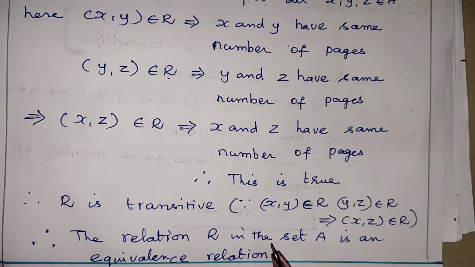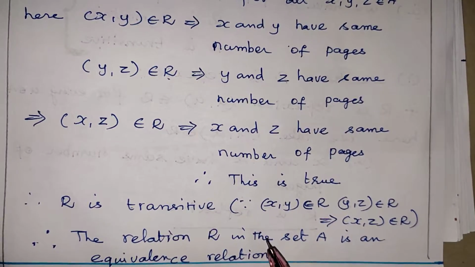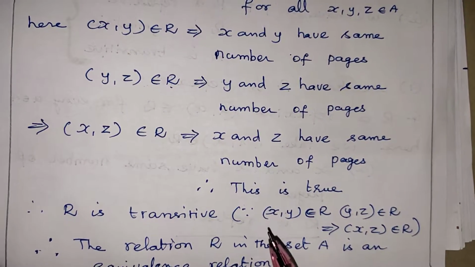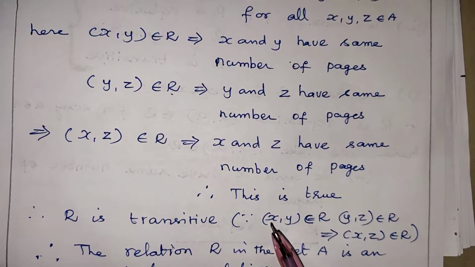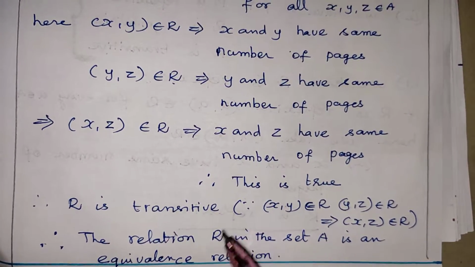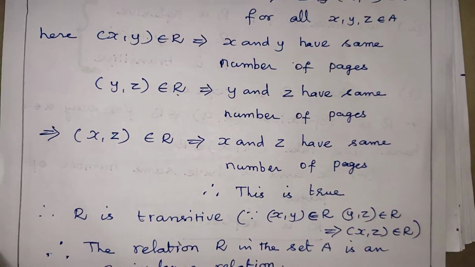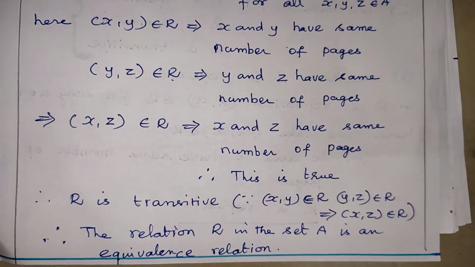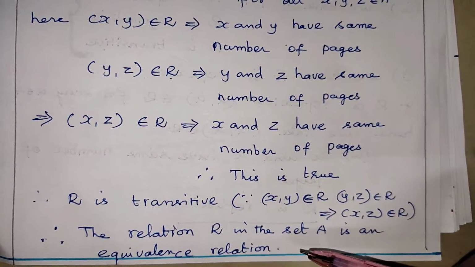Equivalence relation means that the relation R satisfies the symmetric, transitive and reflexive properties. These three conditions are satisfied by R. Therefore the relation R in the set A is an equivalence relation.